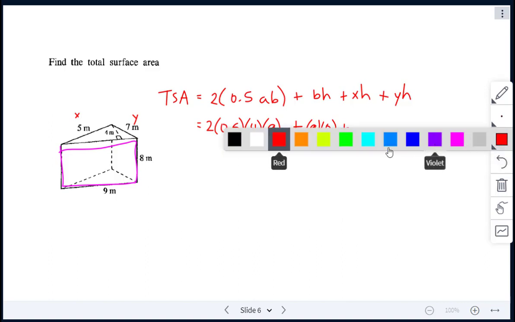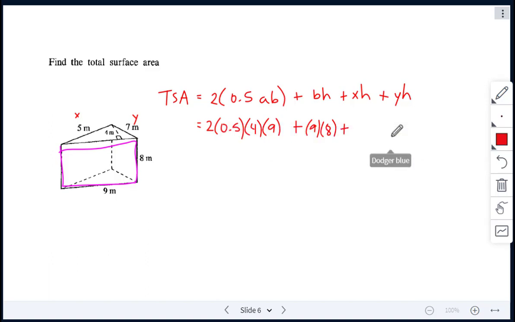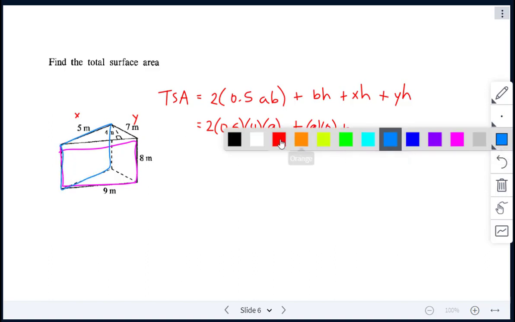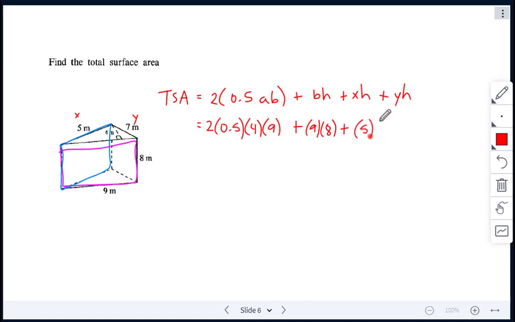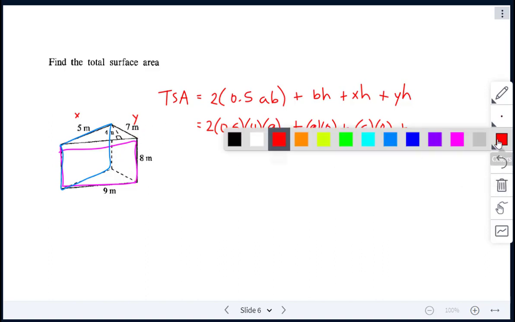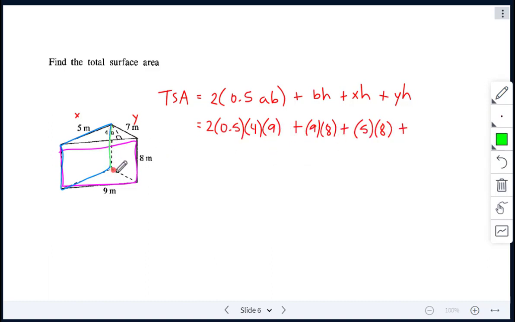The second rectangle, X times H. X we labeled as the 5 here, that would be this one here. And the last rectangle we see is here, shown as 7 times 8, this one here.